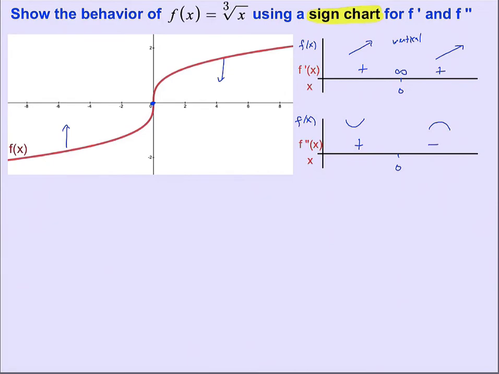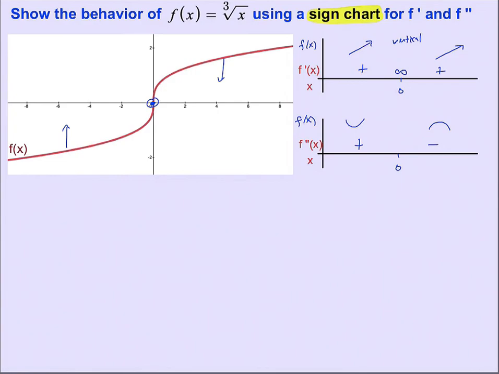One other point that I did not mention here in the second derivative sign chart is that when x is exactly 0, the second derivative is neither positive nor negative. If the first derivative doesn't exist at that point, the derivative of something that doesn't exist couldn't possibly exist.